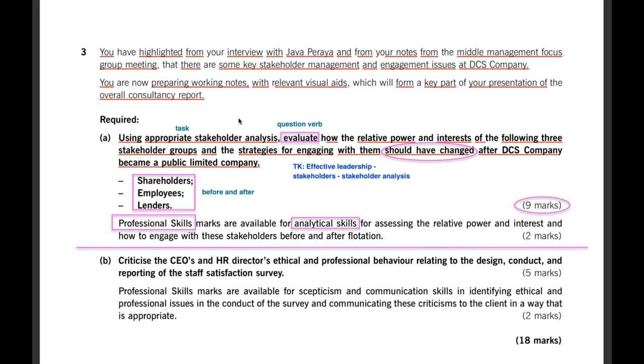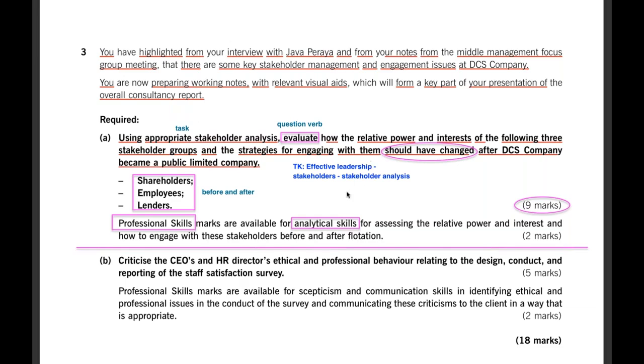Okay, what do I have here under question number 3? You have highlighted from your interview with Java Prior and from your notes from the middle management focus group meeting that there are some key stakeholder management and engagement issues at DCS company. You are now preparing working notes with relevant visual aids, which will form a key part of your presentation of the overall consultancy report.